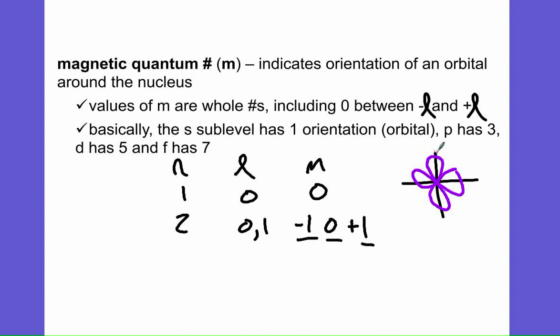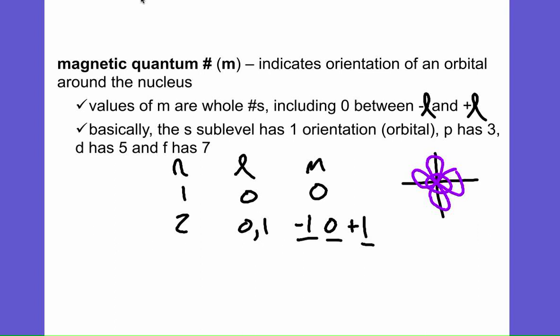You can have Z going in and out of the board so that you could have a bubble coming out this way towards us, and then another bubble going out backwards behind the board. So there's a three-dimensional shape here now. So I have three different orientations for p sublevels, which means that there are three p orbitals. And we're going to work with that more and more later.